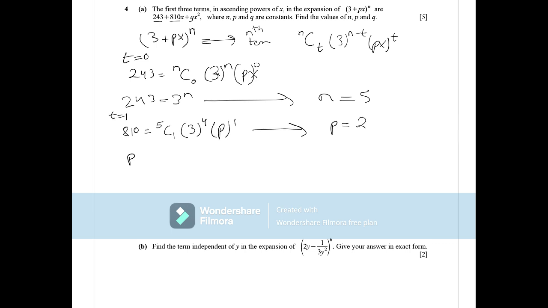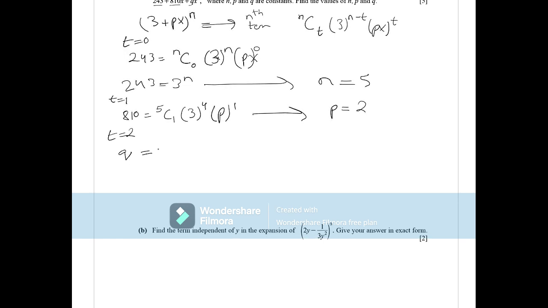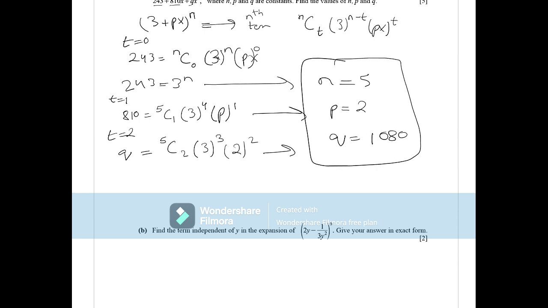And for r equals 2, we have q equal to 5C2 times 3 cubed times 2 squared, which gives q equal to 1080, and these are the final answers.